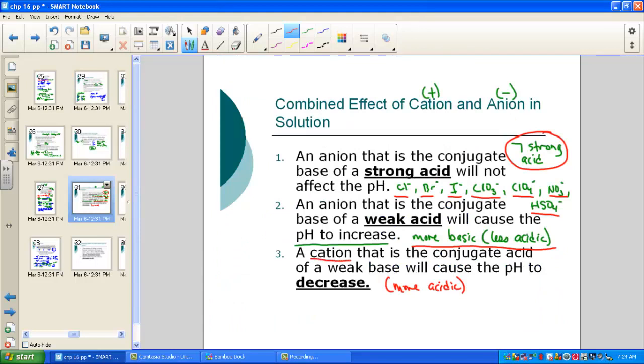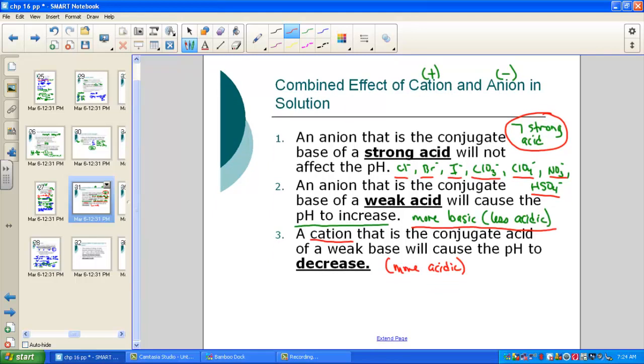Every other cation, a whole lot more positive ions, will affect the pH of a solution by causing it to decrease. The ammonium ion is also one to recognize.